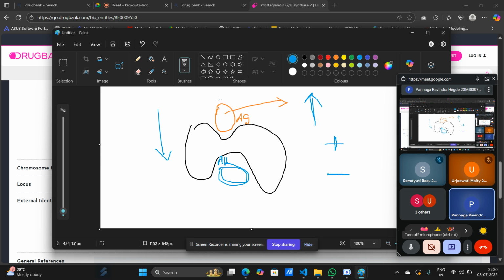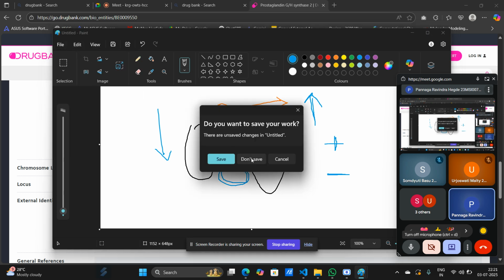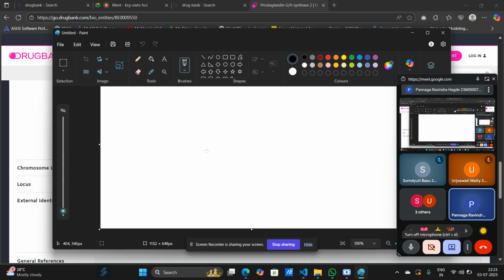And then you have the activator mechanism. Some drugs can activate receptors. For example, if I take the insulin drug, whatever people take for insulin, if this is the cell, you have the insulin receptor here on the cell membrane.